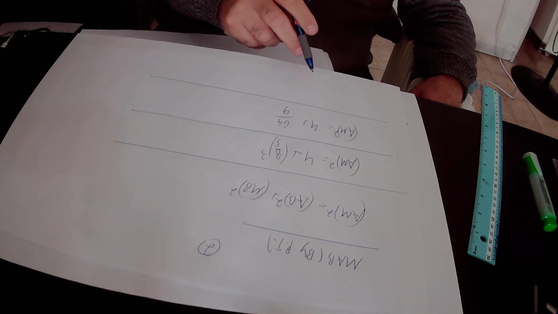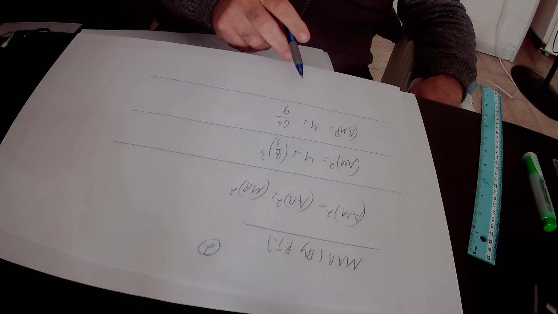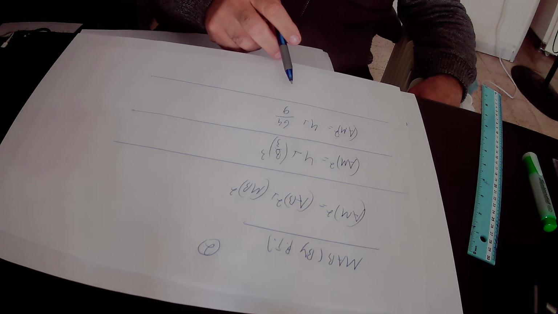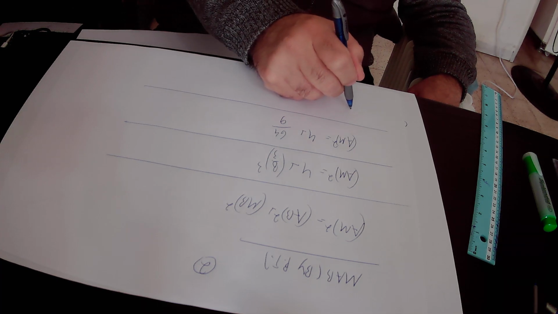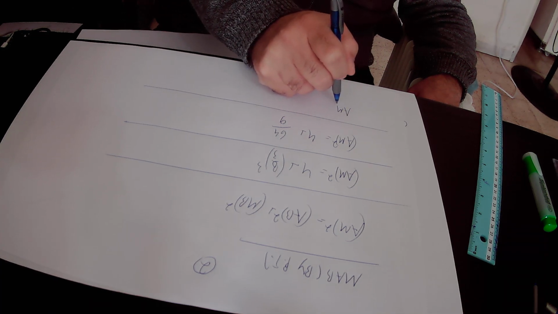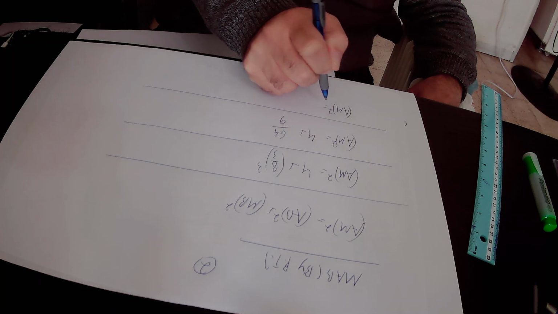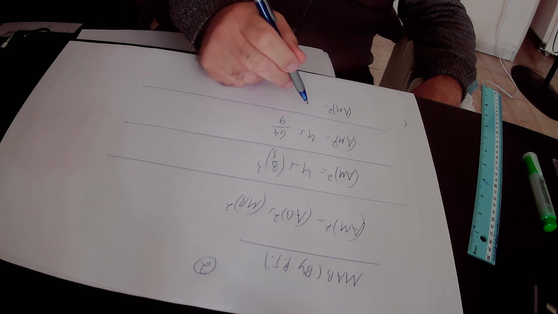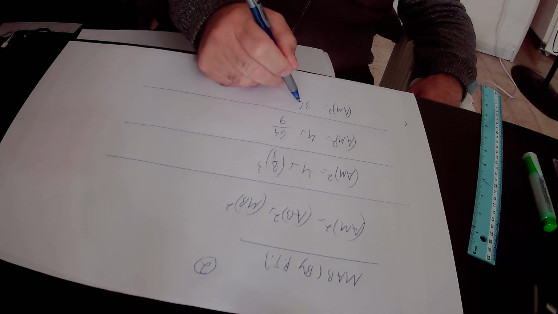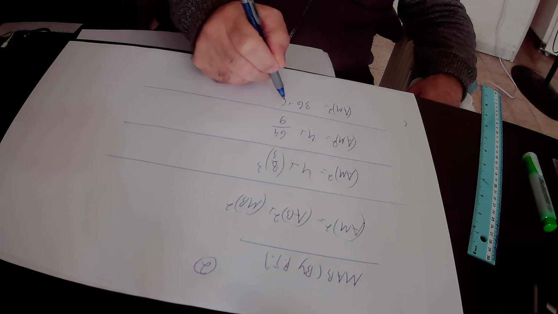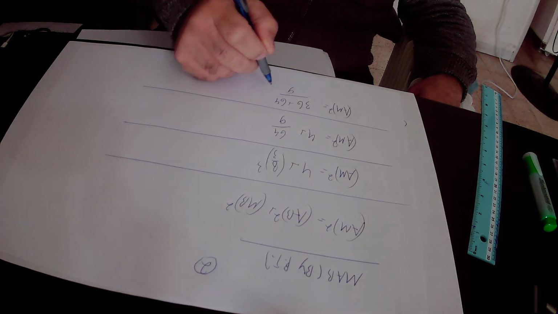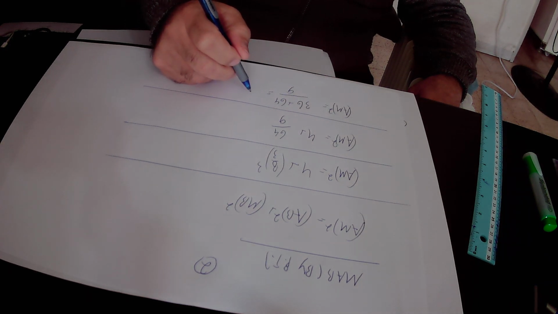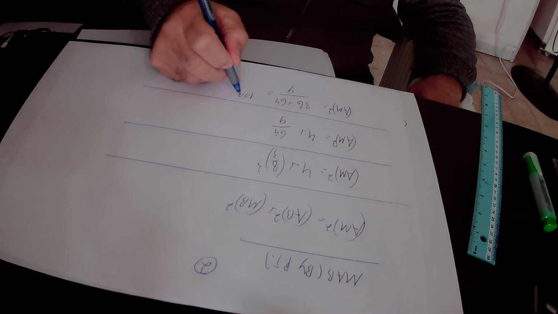Here we multiply 4 by 9 and then divide it by 9 in order to have a common factor with 64 over 9. And we get that AM squared is equal to 4 times 9, which is 36, so in the numerator we will have 36 plus 64 over 9. 36 plus 64 is 100 over 9.